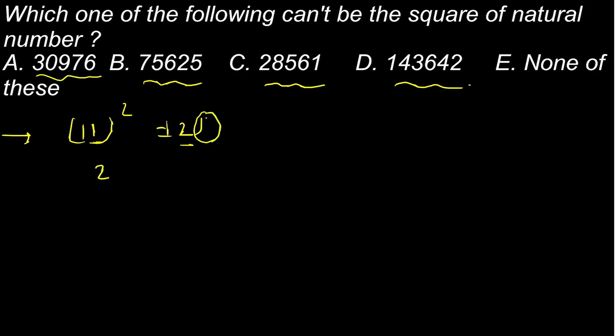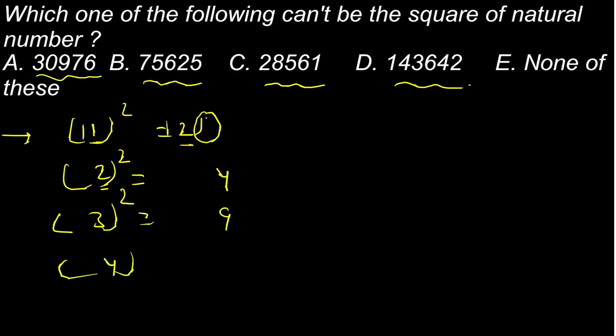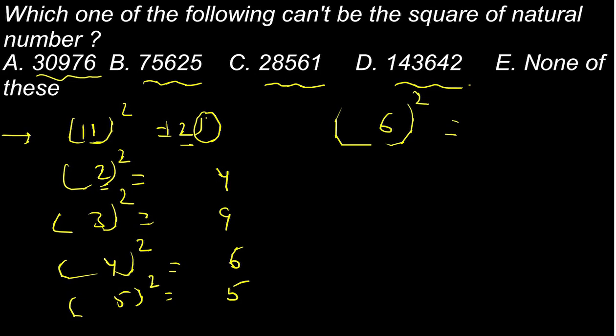Now 2 square: any number which is ending on 2, its square will end on 4. Any number which is ending on 3, its square is ending on 9. Any number which is ending on 4, the square of this number is ending on 6. Any number which is ending on 5, the square will end on 5. Any number ending on 6, the square will end on 6.